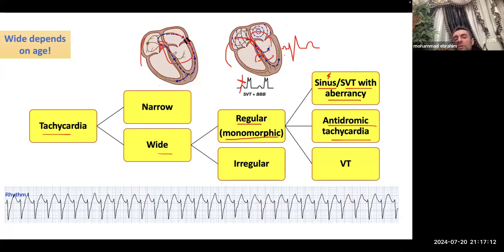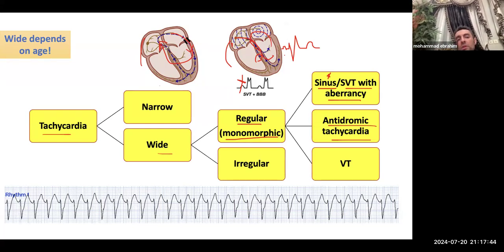The QRS is narrow usually because you're going down the AV node into the right and left bundle and His-Purkinje system. So as a result, your QRS is nice and narrow. If you're going down the ventricle elsewhere outside the AV node and His-Purkinje system, your QRS would widen. Because you're not using your normal His-Purkinje system, you're activating the ventricle muscle by muscle, through gap junctions, muscle to muscle, so the conduction would take forever to be completed.